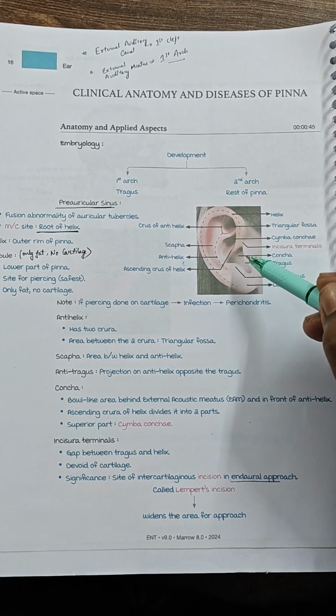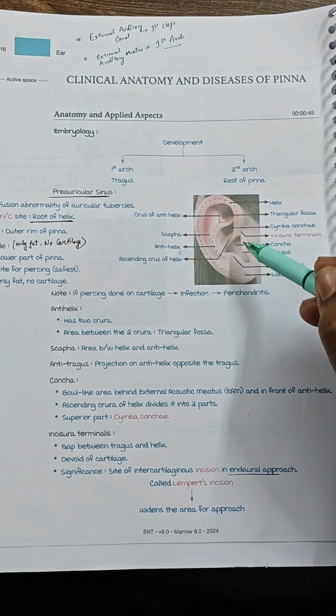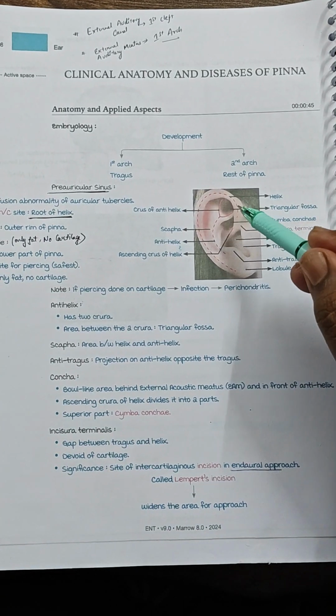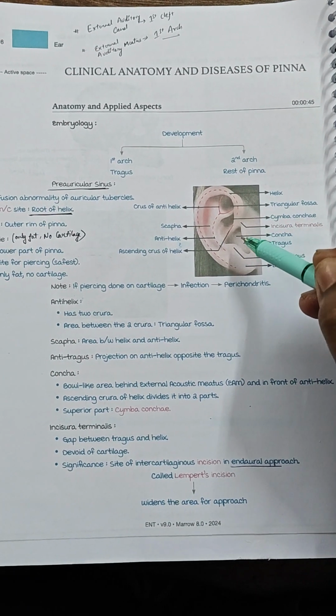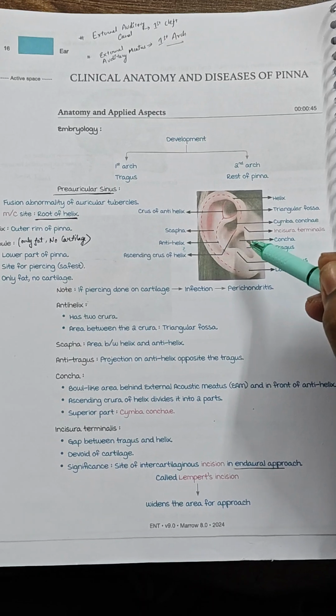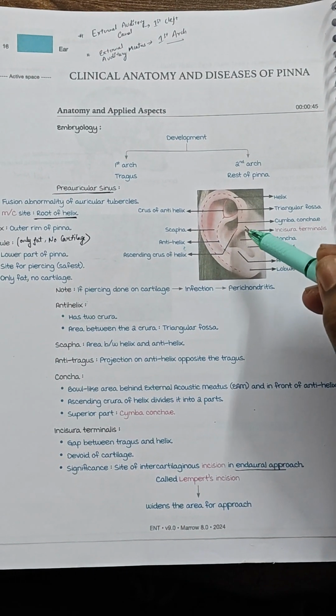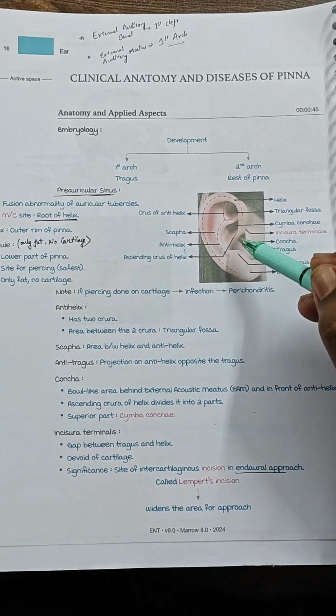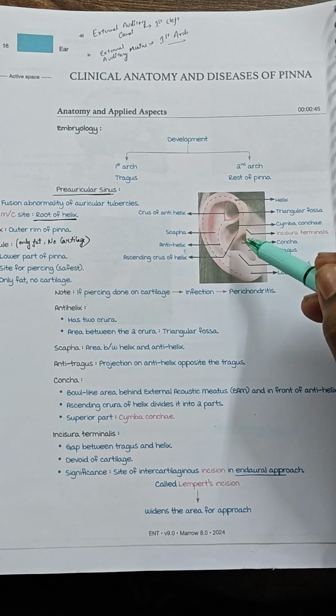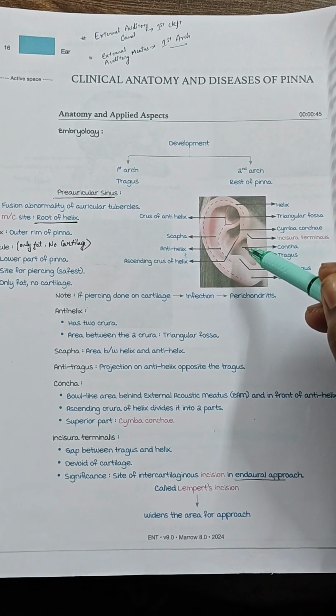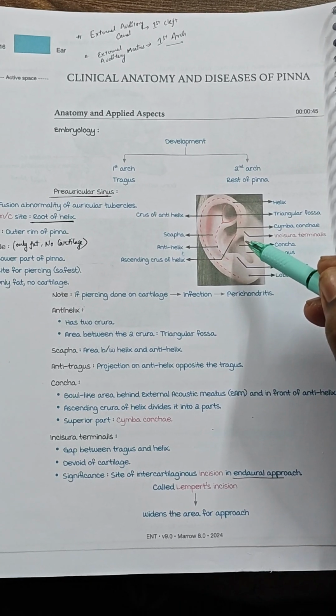Now between the tragus and the helix, from the ascending part of the helix to the tragus, there starts a gap known as the incisura terminalis. The incisura terminalis is devoid of cartilage.